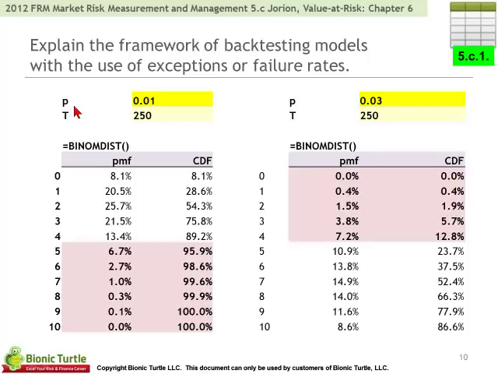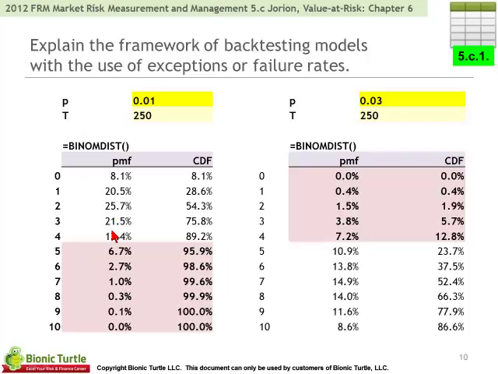So if the 99% VAR model is accurate, then the distribution of our exceedances when T equals 250 trading days, and notice I've switched from 252 to 250 here, I don't think that makes a big difference.